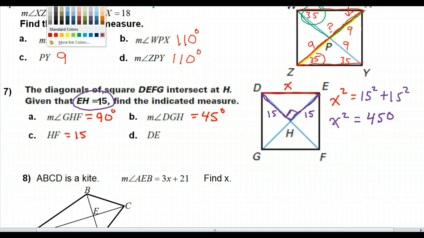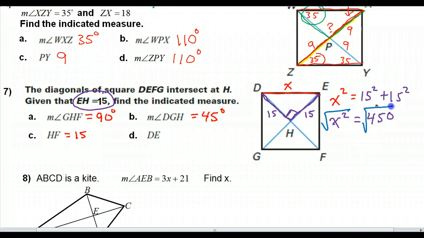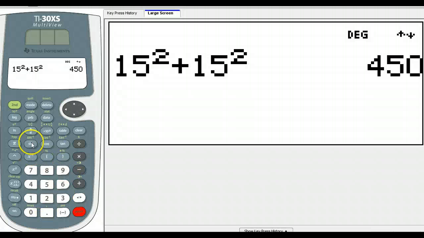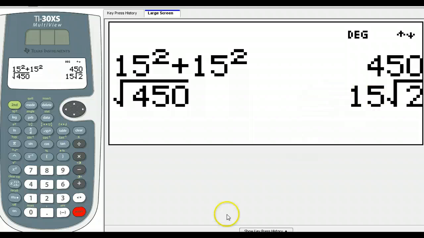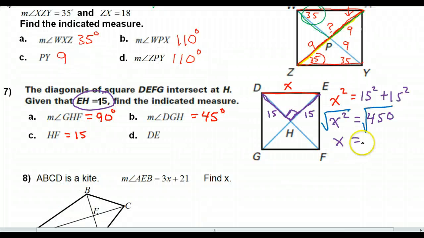Of course then we have to take the square root of both sides. So x equals the square root of 450. That's 15 radical 2. So that is the length of DE.